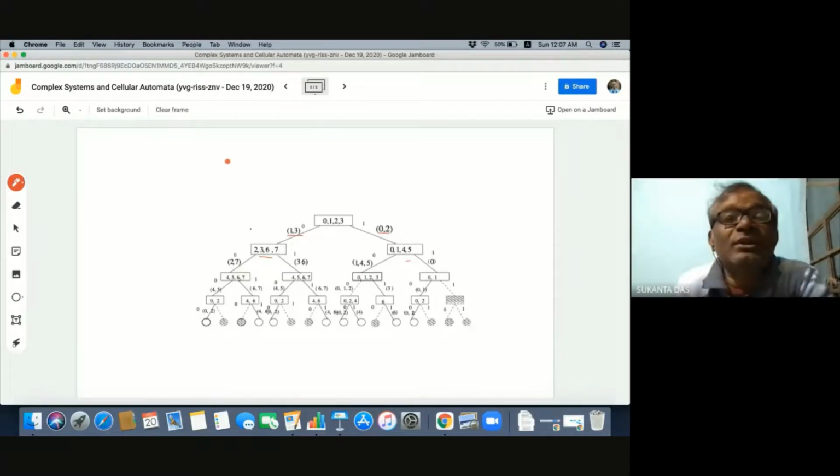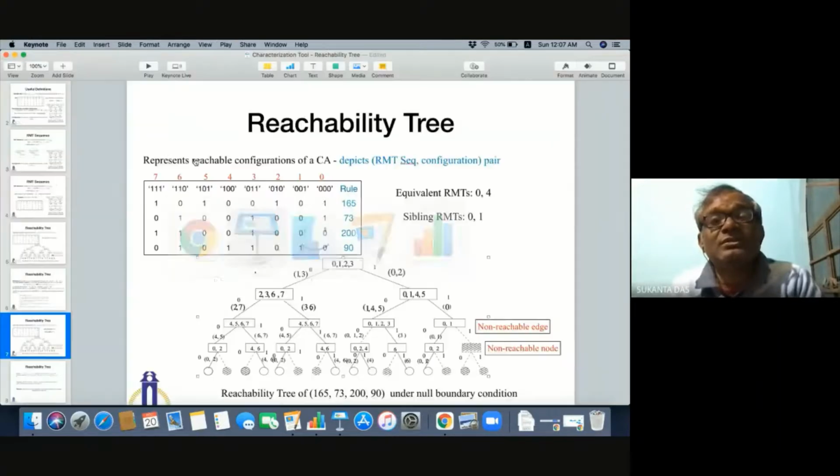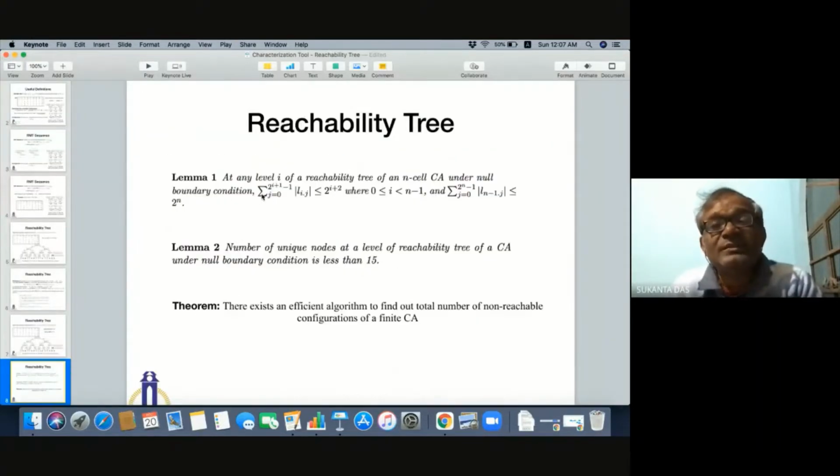Okay, and what does it say? Let's look at this statement. It says that the summation of the cardinality of all the levels is less than or equal to 2 to the power i plus 2.